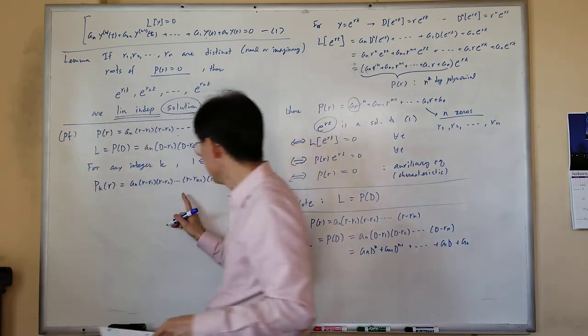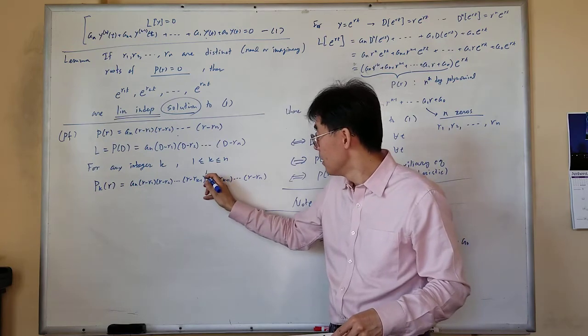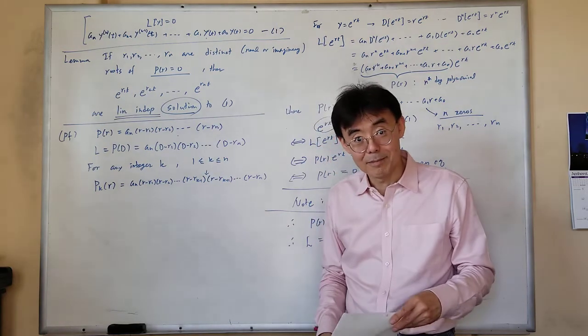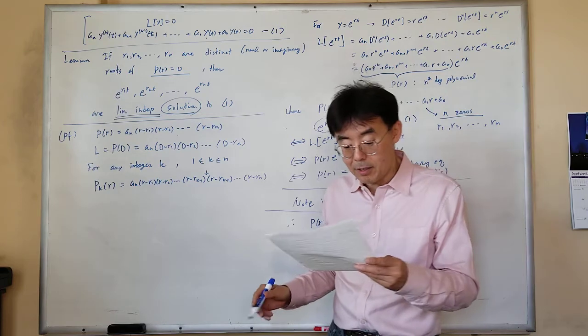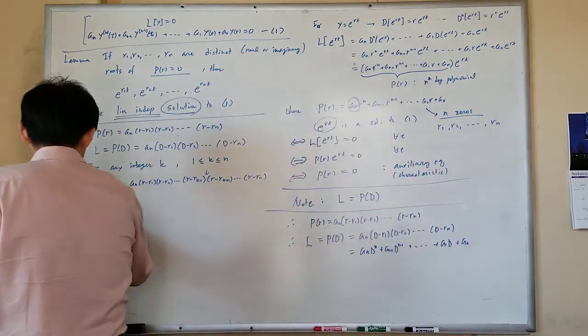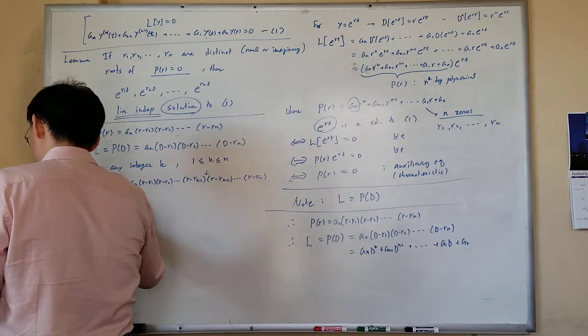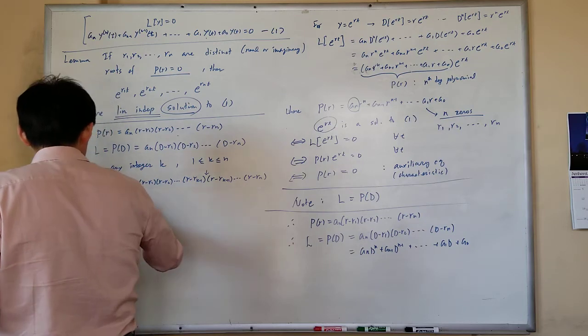See? Only the kth factor is missing. That is P_k of r. And obviously L_k, we can define exactly the same way.